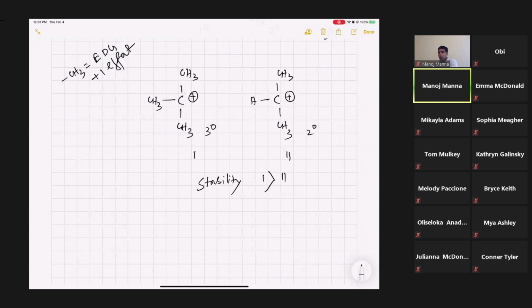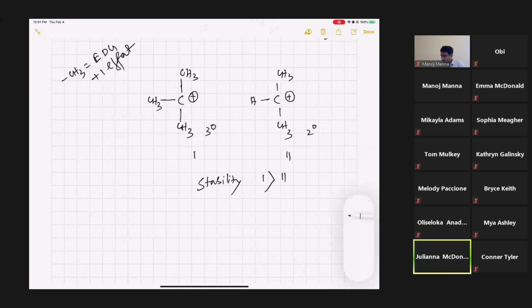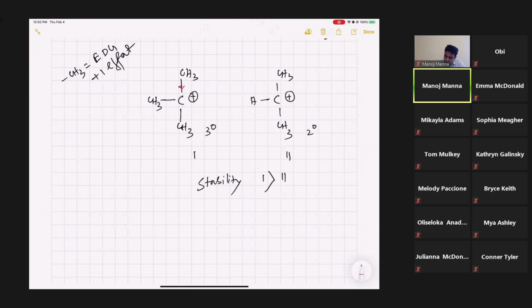Okay, so if this is a plus I effect, what does the plus I effect mean? Does it want electrons, so it's like electron deficient? Plus I means electron donating group, so pushing electron in this direction.